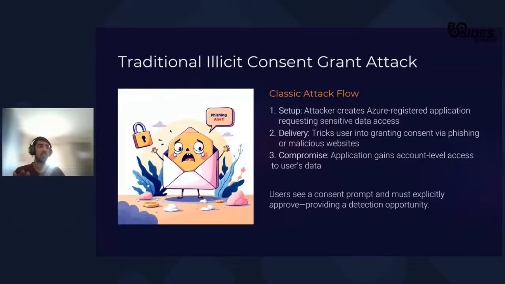Then he can use these permissions to attack the users or the tenant and do whatever he can using the permissions in the consent. In this attack, the consent is visible, and the victim must manually approve the consent, which may be suspicious to him if he sees it.